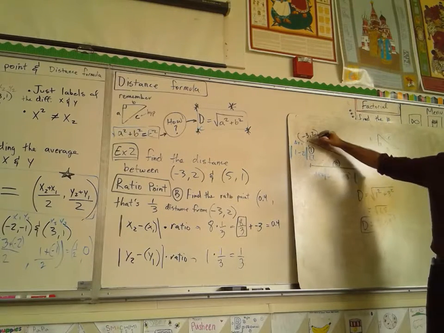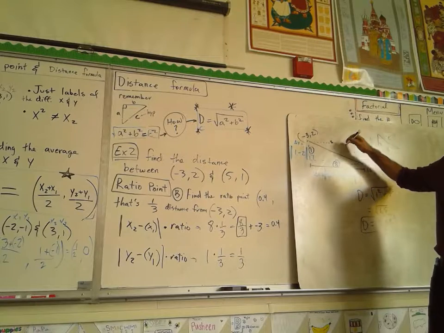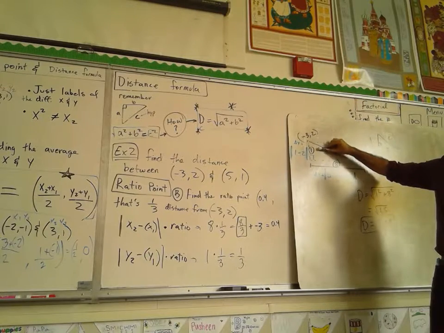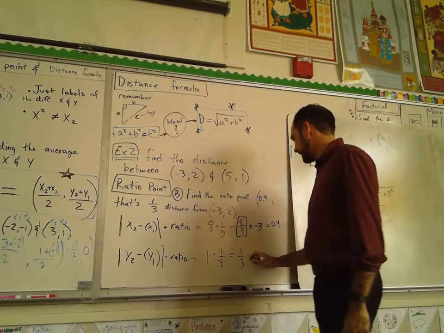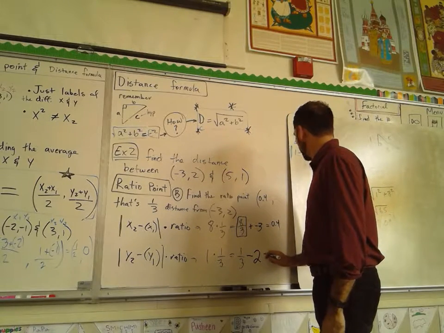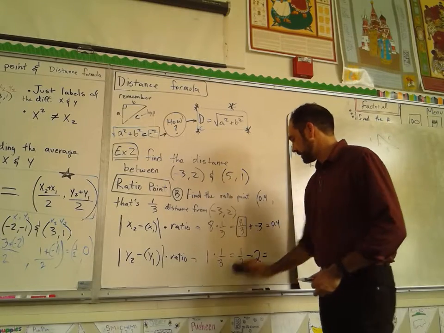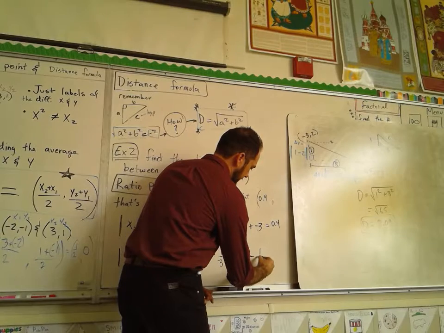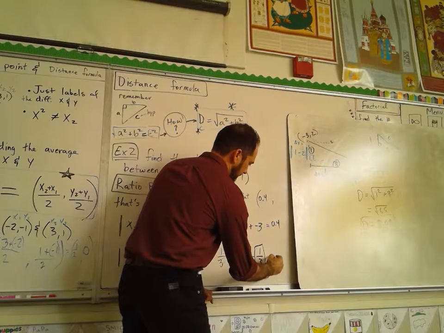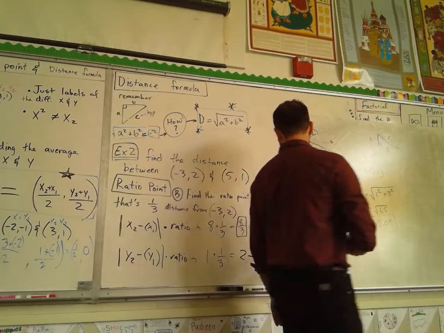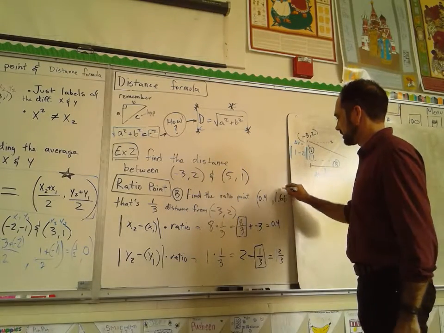So since this is at 2 on this line here, I need to look at the 2 for y and subtract that 1/3 to get down to this point. So it's 2 minus that factor of the distance, and that gets you 1 2/3, 1.666.